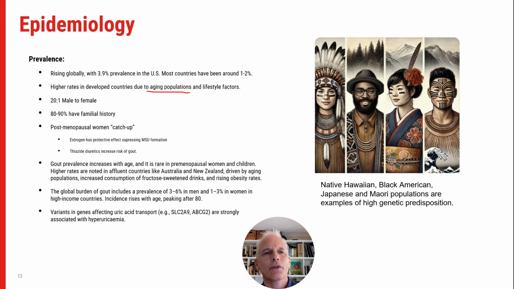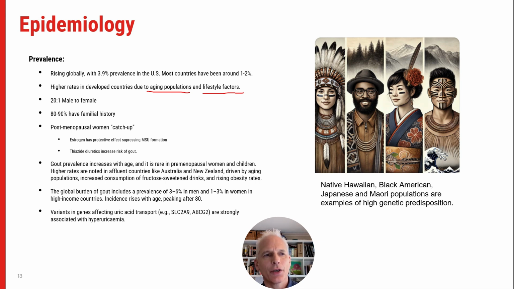The longer you live, the more time you have to have degeneration of your kidneys, particularly if you have other diseases. And if you have other diseases, which we generally lump into lifestyle factors such as obesity and diabetes, which can also increase inflammation and also cause damage to the kidneys, then that can also predispose you towards gout.